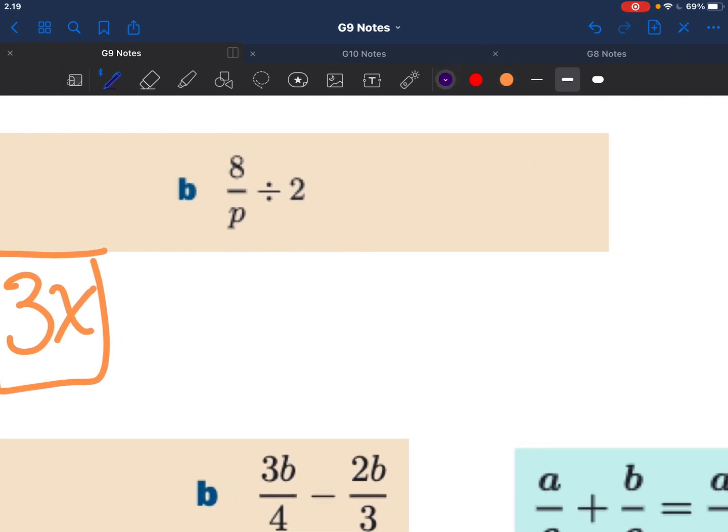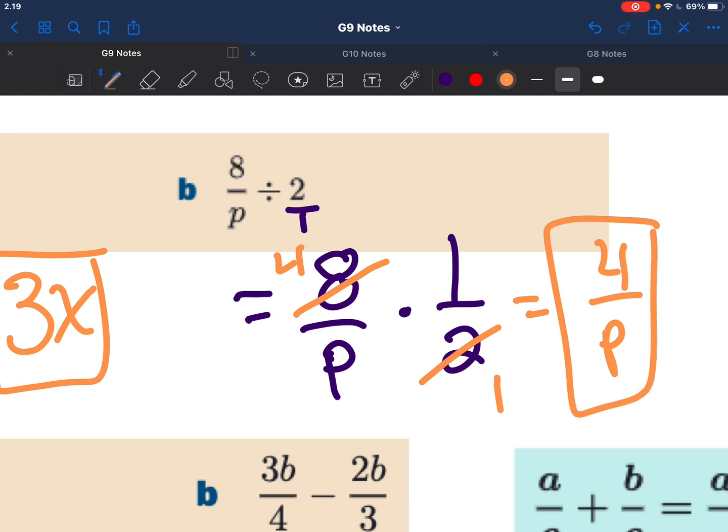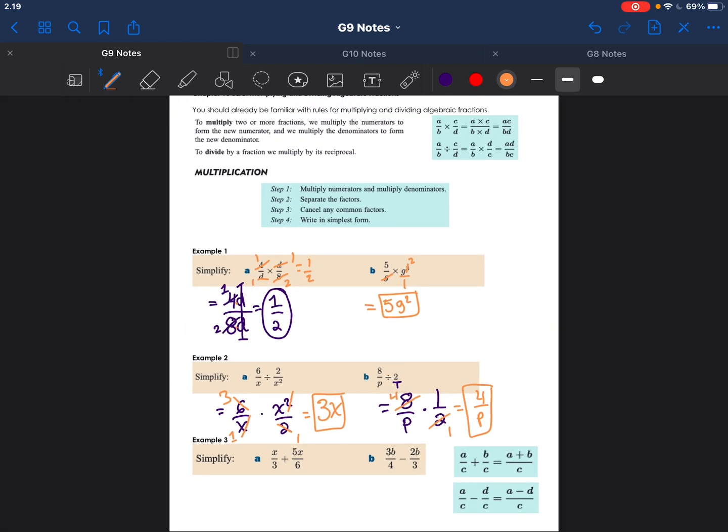And this one is the same thing. 8 over 4, 8 over p. And then keep, change, and then you flip. 2 is 2 over 1. You flip it, 1 over 2. 8 goes into 2, 2 goes into 8 four times, and then now we have 4 over p. So it's all pretty easy, right? It's all the same thing.